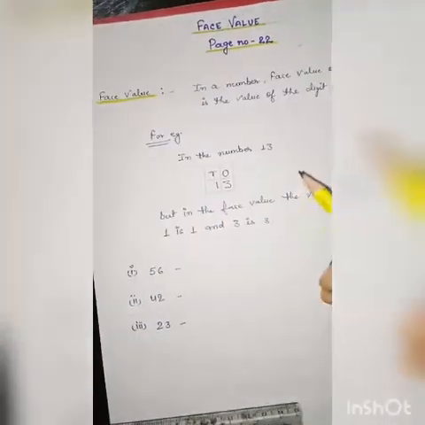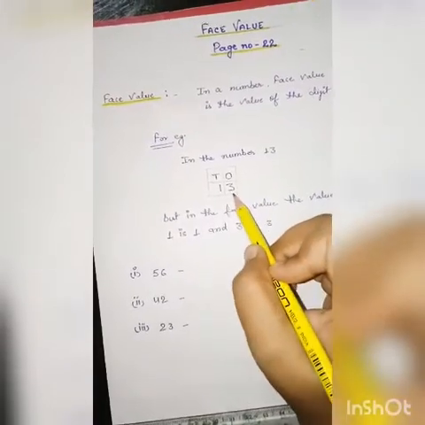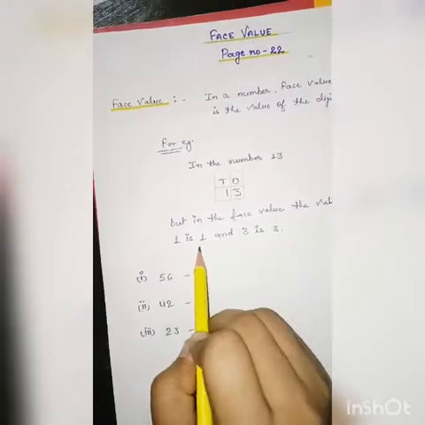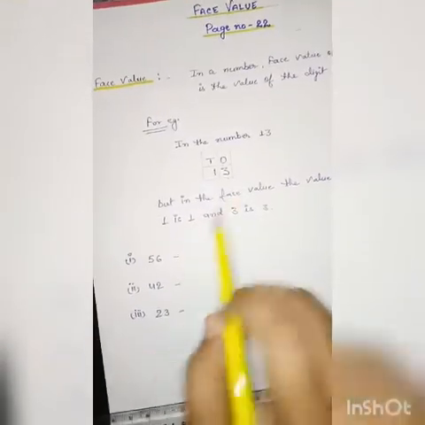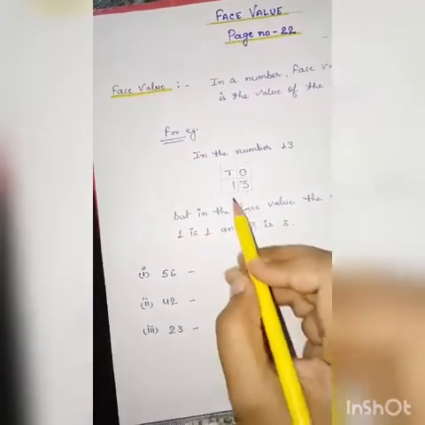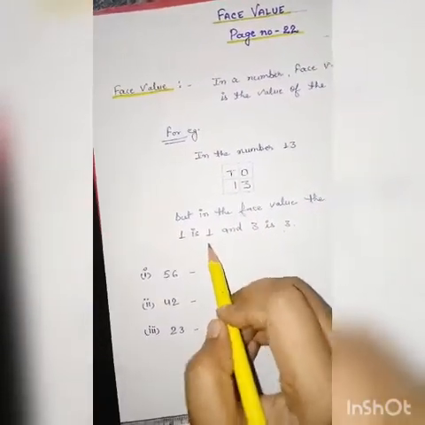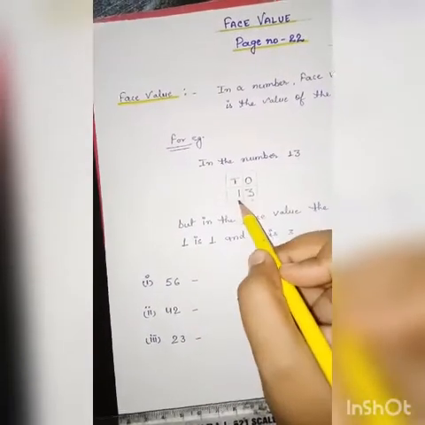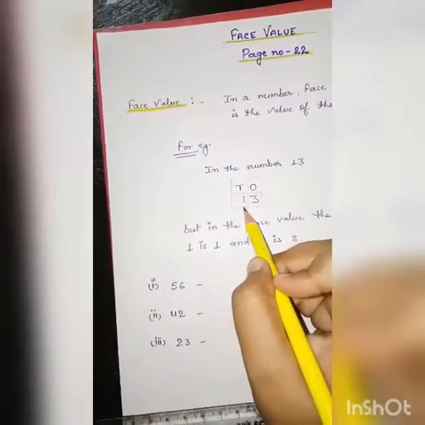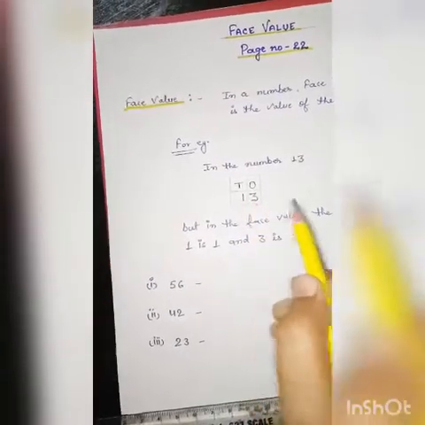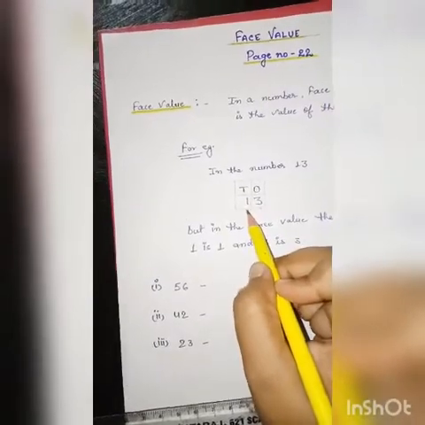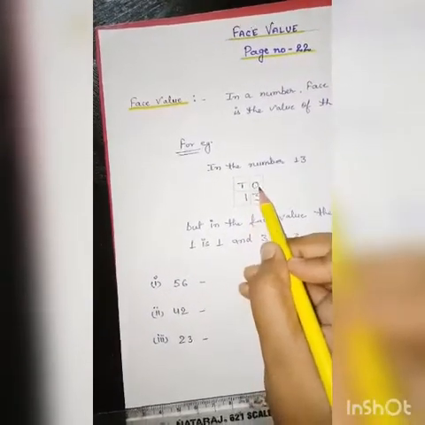In the face value, the value of 3 is only 3 and 1 is only 1. मतलब फेस वैल्यू में 3 डिजिट का जो वैल्यू है वो 3 ही होगा और 1 का जो वैल्यू है वो 1 ही होगा. जैसे प्लेस वैल्यू में हम 10's प्लेस में 1 है तो इसको 110 या फिर 10 लिख सकते थे, बट फेस वैल्यू में 1 का वैल्यू 1 ही होगा, चाहे वो 1 10's प्लेस पे हो या फिर 1's प्लेस पे.